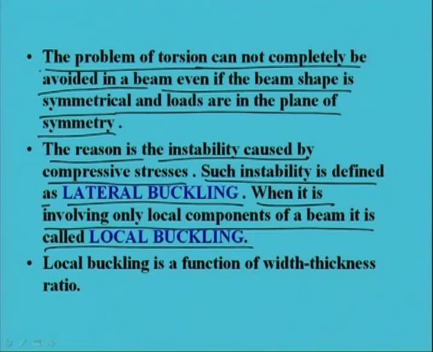Again, we will show later, when we come into the details of local buckling and other things, that local buckling is a function of the width to thickness ratio. That means, beam width and beam thickness, so we can make local buckling a function of the beam width to thickness ratio, right.